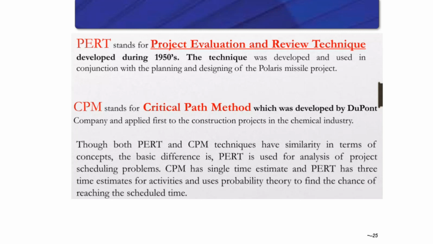At that time projects were getting bigger and very critical, and people were gaining more in-depth understanding of how to manage projects. So these 2 methods were developed during that time. Basically, they are used to plan, schedule, and control complex projects or mega projects.